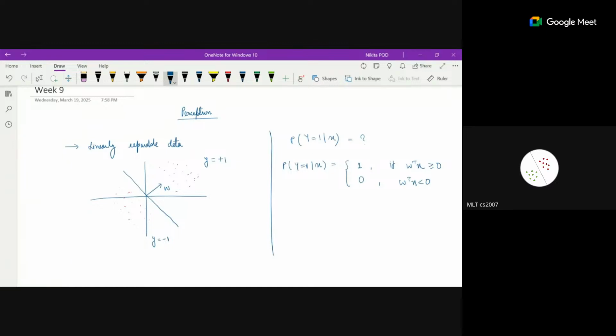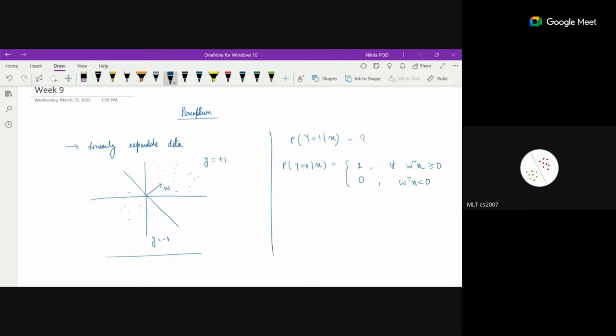So this is the assumption that we are making for this classification, and this perceptron algorithm can be run only for the data set which is linearly separable. I mean the data set which looks like this, right?